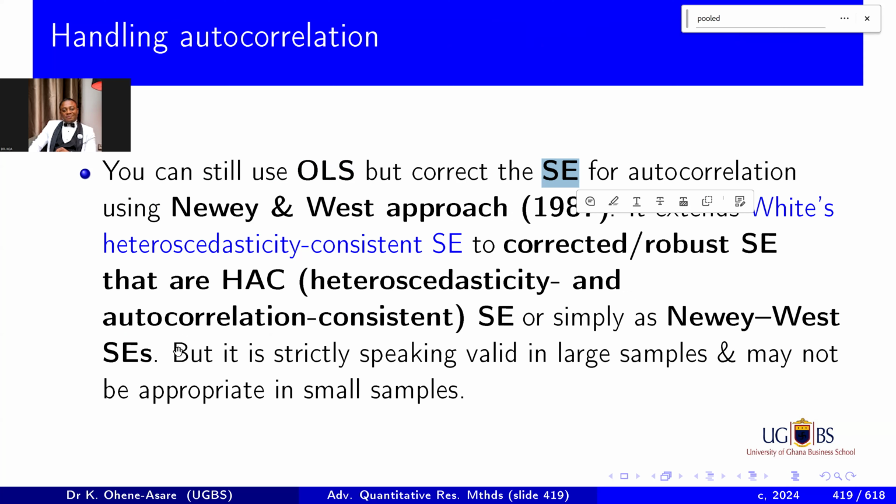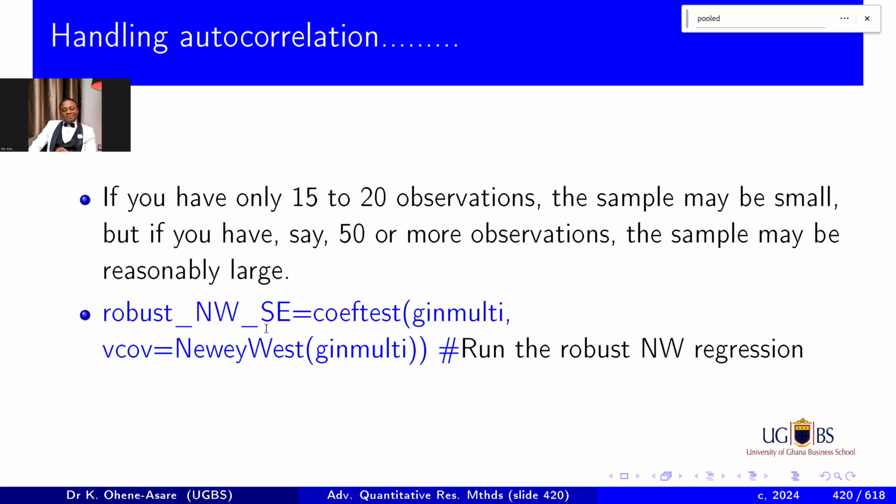But there's one thing you should note about using the Newey-West. It is very valid in large samples. It may not be useful in small samples. So when your sample is small, less than 30 or thereabouts, you should be worried about using the Newey-West standard errors.